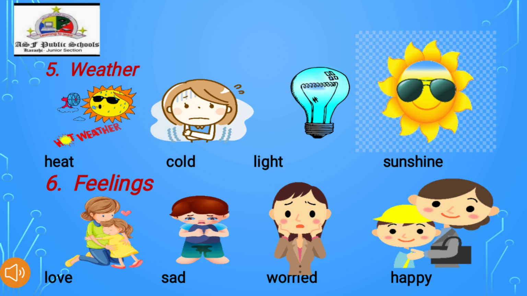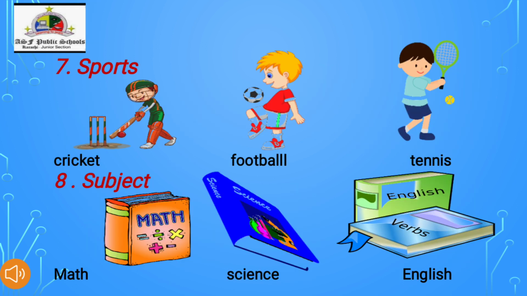Feelings: love, sad, worried, happy. Sports: cricket, football, tennis. Subjects: math, science, English. Kids, these are the groups of words that are usually considered to be uncountable nouns.